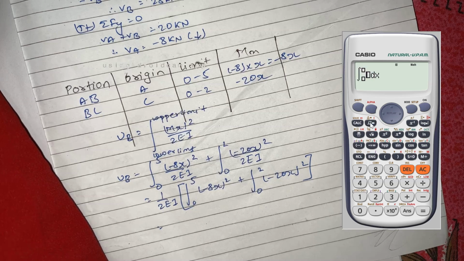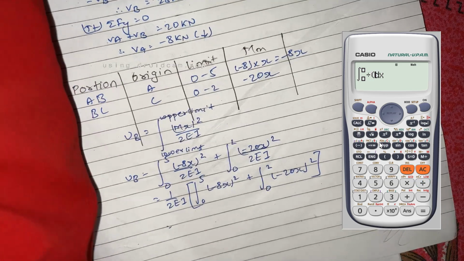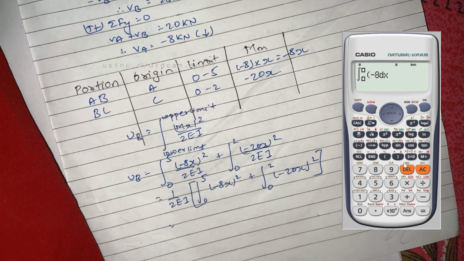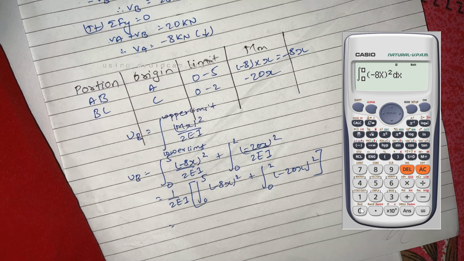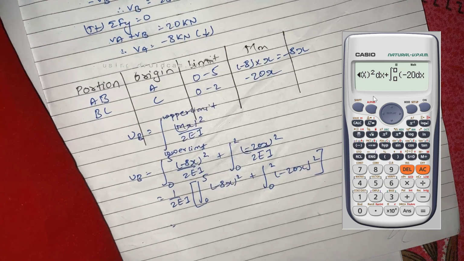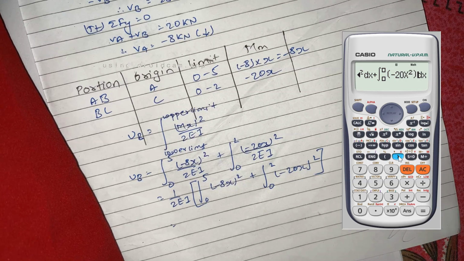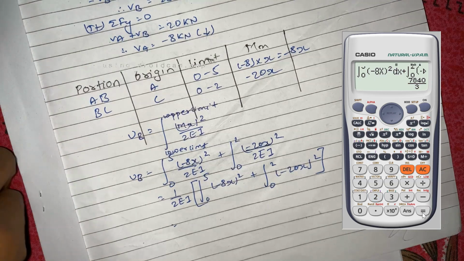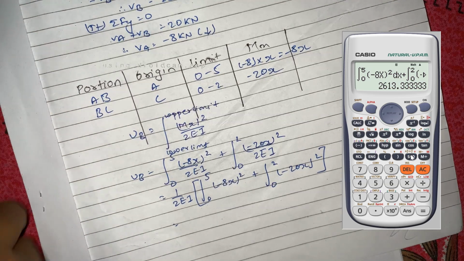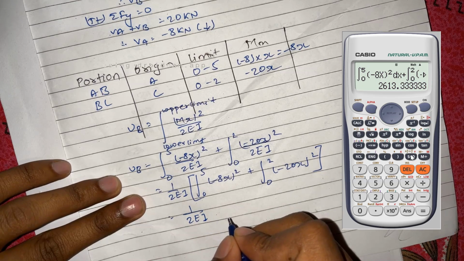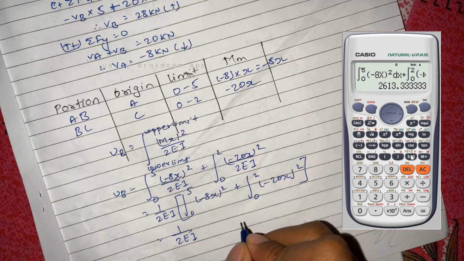We'll just take the integration of minus 8x whole square, and its limit starts from 0 to 5, and similarly we'll take the integration for minus 20x whole square, from 0 to 2, and if we just find the answer, we'll get 1 by 2EI times 2613.